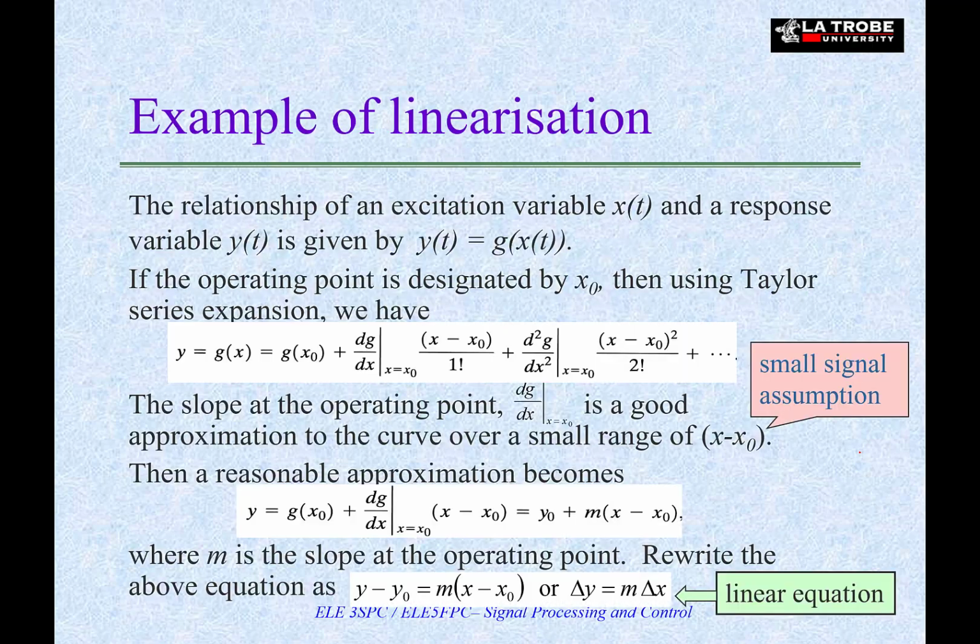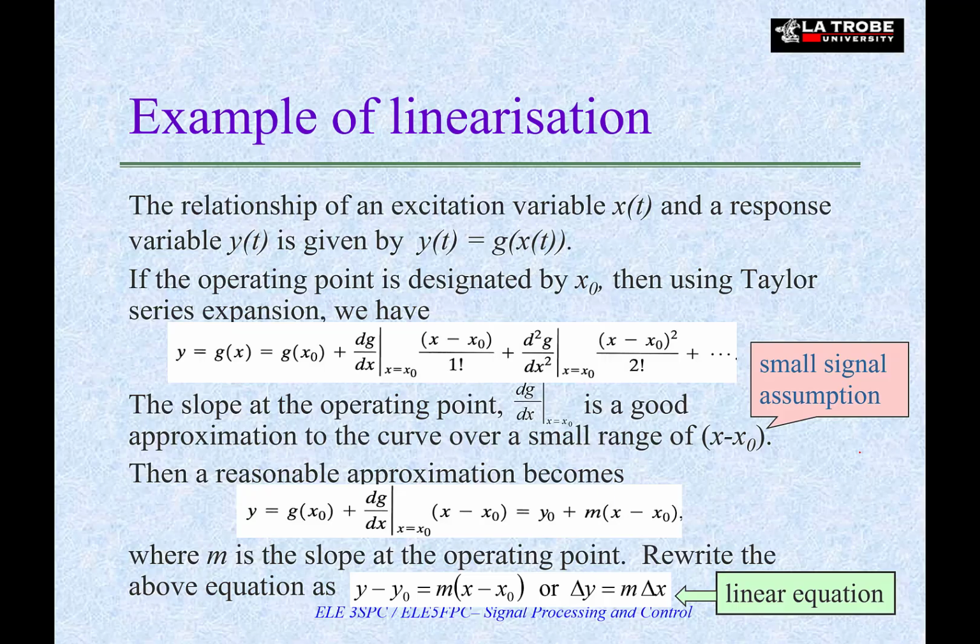So I'll give an example of linear approximation. I just mentioned to do linear approximation, first we need to choose an operating point, and then we can only build a linear model around the operating point, assuming a small signal.